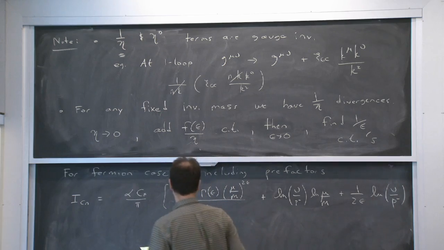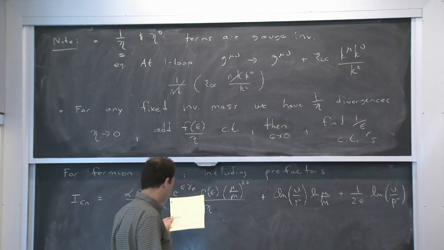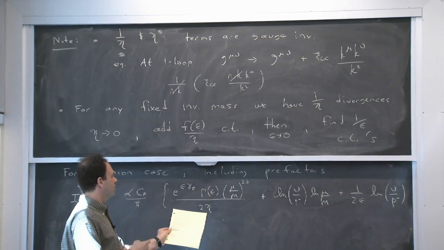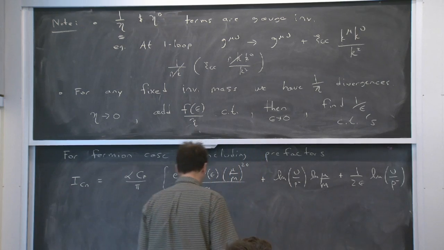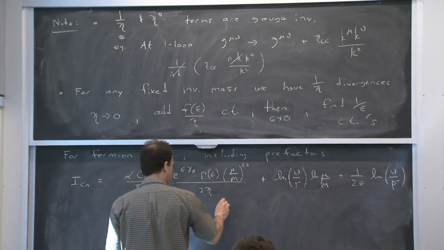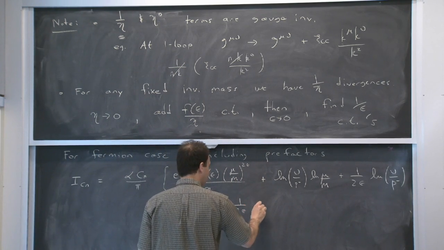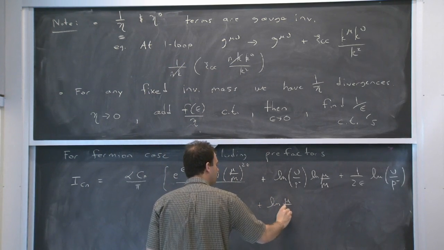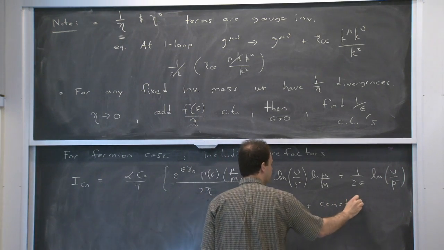When the log replaces that 1 over epsilon, then I can start to expand, and I get another 1 over. When the log nu replaces the 1 over eta, I can expand this gamma. It gives me a 1 over epsilon. And there's also some other pieces. 1 over 2 epsilon, and there's a log nu over m. And there's a constant, and I'm never going to write the constants.